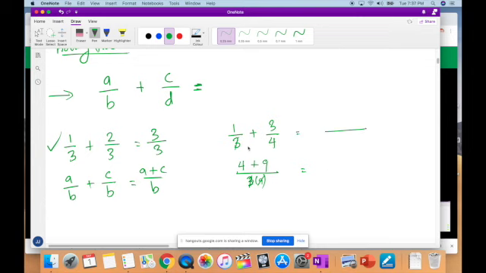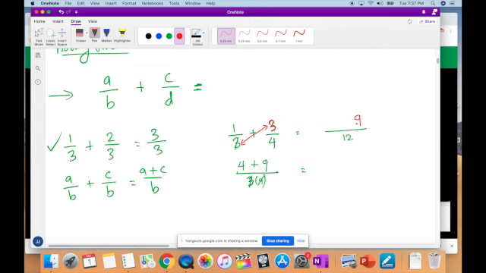You multiply your denominators. So 4 times 3, 4 3s are 12. And what you do is you just cross multiply like this. So 3 3s are 9. But which way do I put in the 9? I put in the 9 on this side, because that is the numerator that I was dealing with.